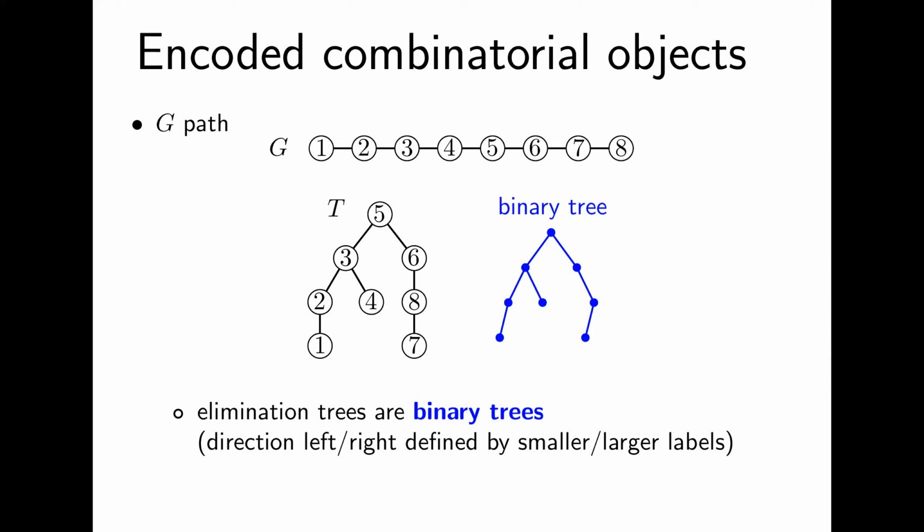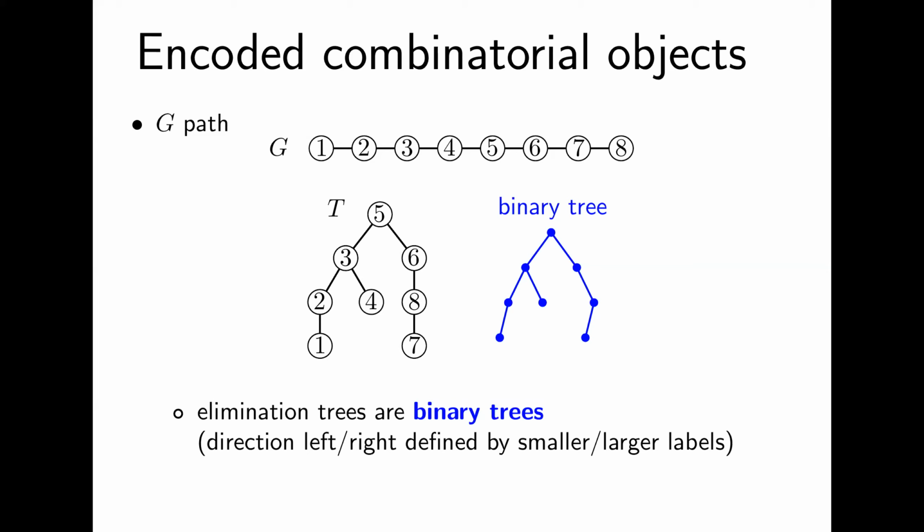And there's one little subtlety here. A binary tree has always a notion of a left subtree and a right subtree, and you can distinguish them. In an elimination tree, there's no ordering among the children. So the children of a tree are not ordered. But in this case, this ordering is induced by the size of the labels.